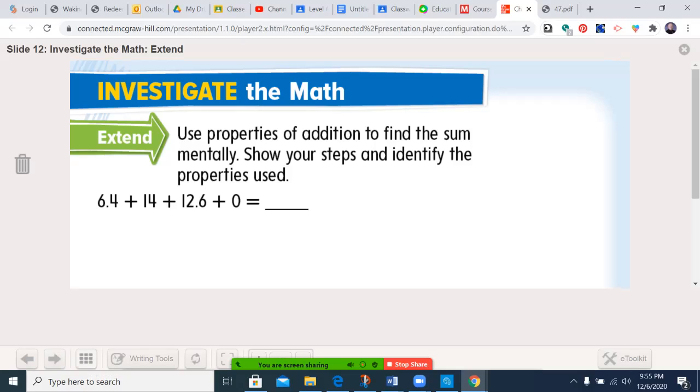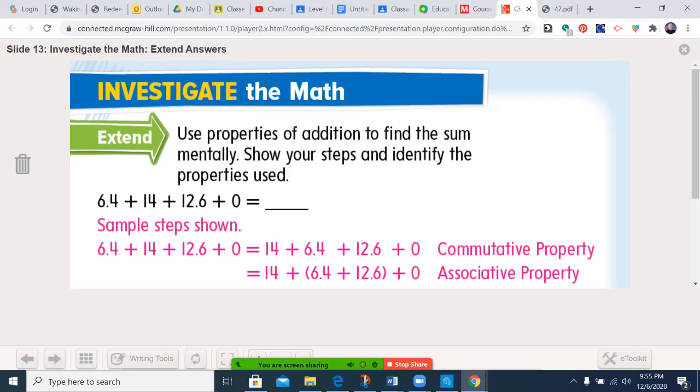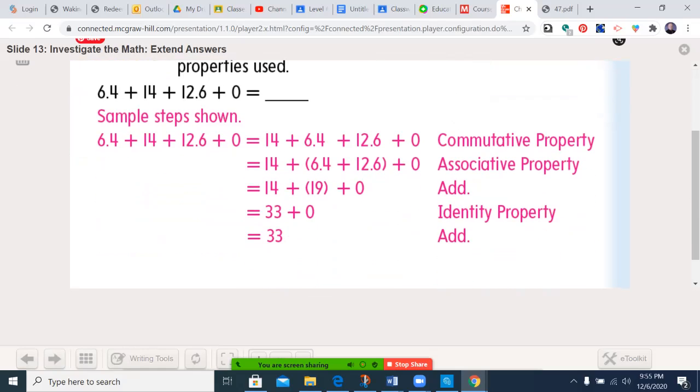Use properties of addition to find the sum mentally. Show the steps. I'm going to see if it gives me the answer if I need to do it. There we go. Samples. I could put 6.4 plus 12.6 together because I know that 4 tenths and 6 tenths will give me a whole. Then I can put the 14 and the 0. So I put these together.